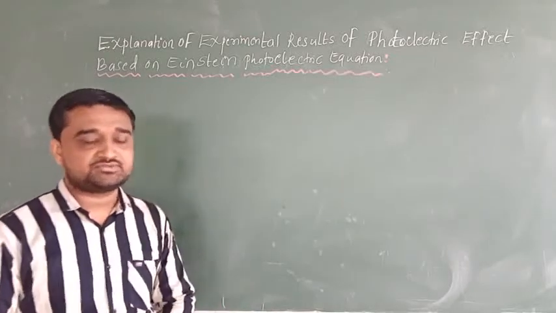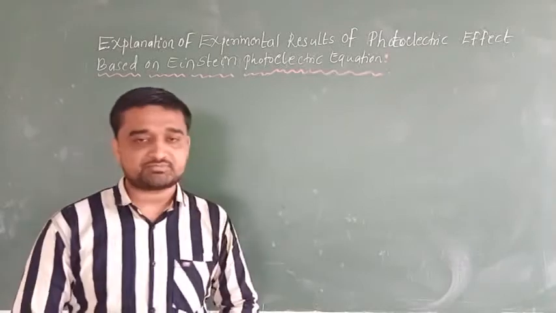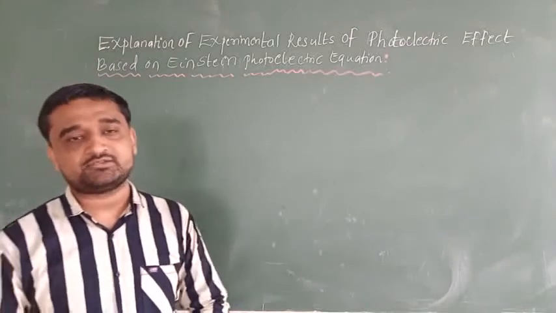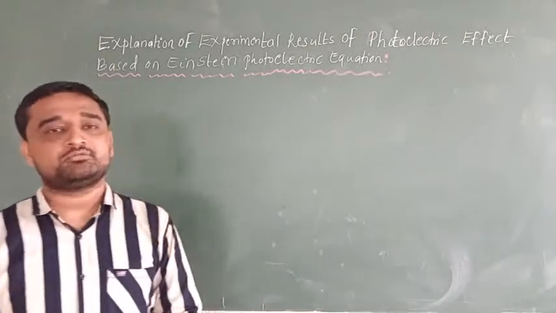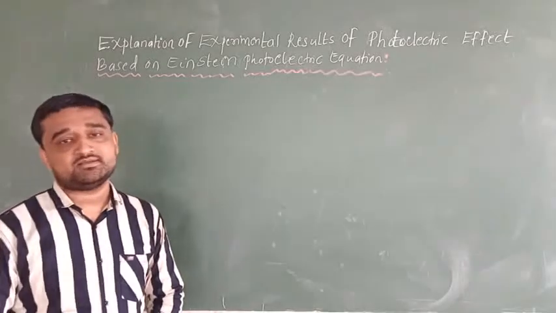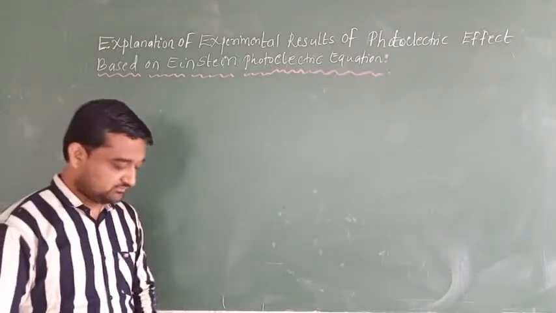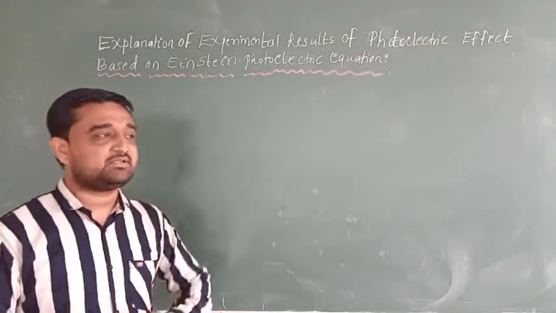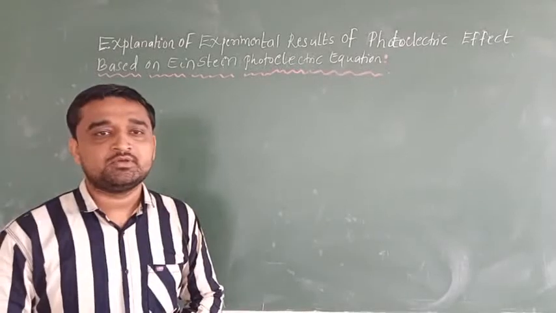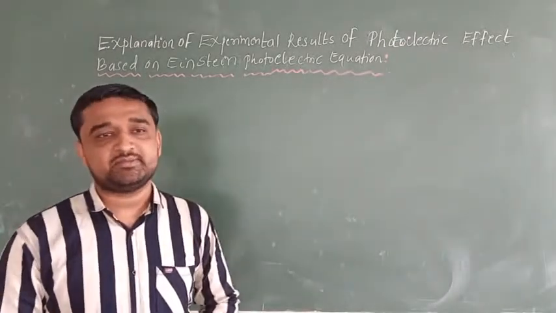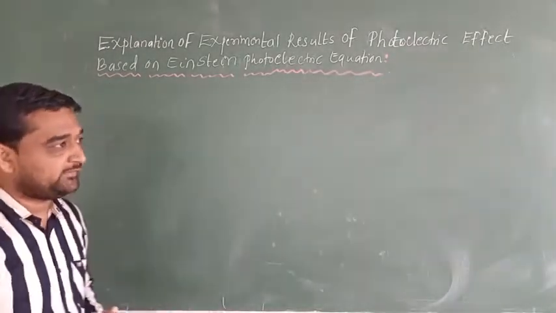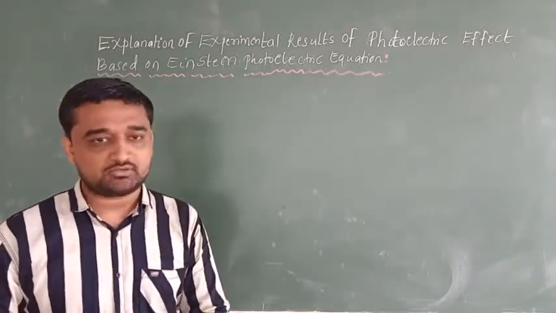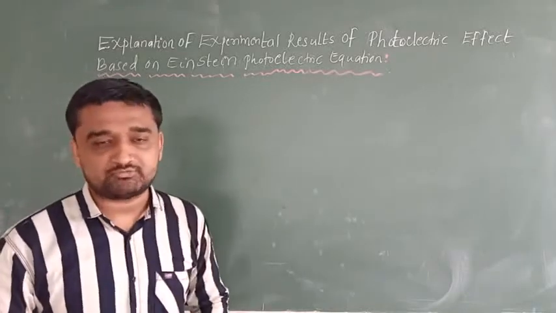In the previous classes we discussed the introduction part of the chapter: the different types of electron emission, the phenomenon of photoelectric effect, the experimental arrangement, the important experimental results of the photoelectric effect, and Planck's quantum theory of radiation. The important part of this is Planck's quantum theory of radiation.